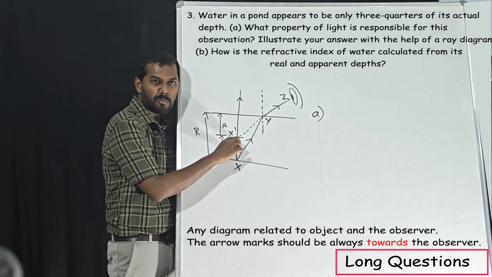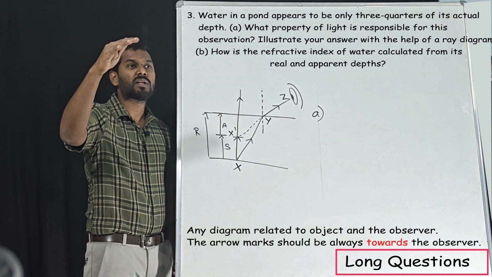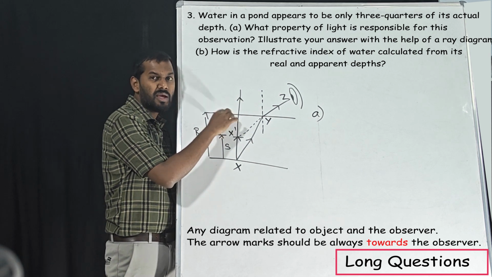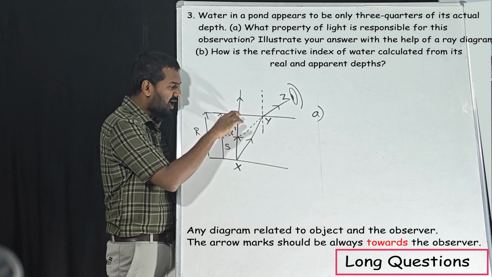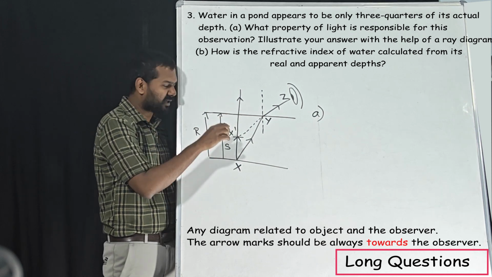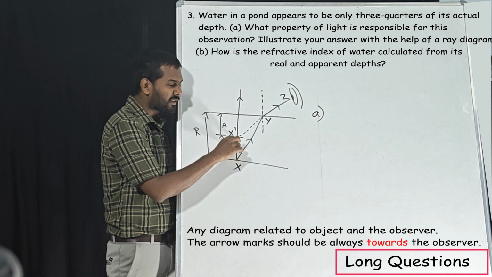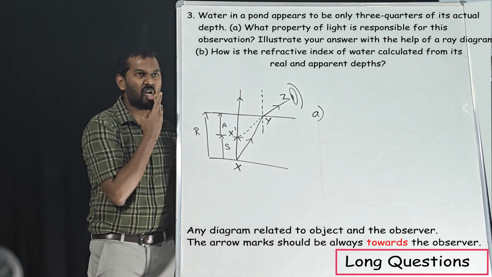If this is 5 centimeter, this has to be 15. They are telling 3/4 of actual depth. The apparent depth should be 3/4 of this one. If this is 5 centimeter, 5 3s are 15, 3/4, right? So if this is 5, this should be 15. If this is 2, this should be 6 centimeter. So in the exam you have to measure and write.